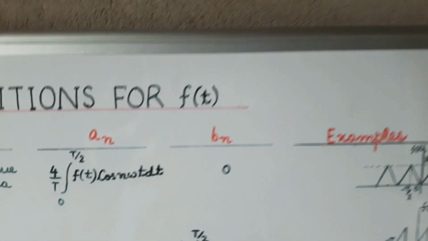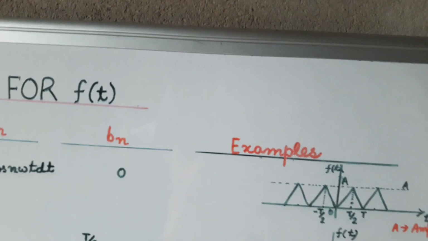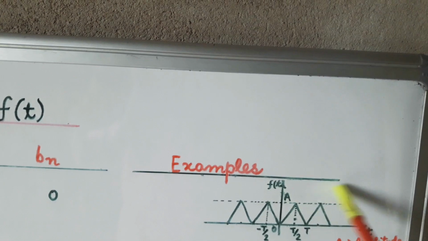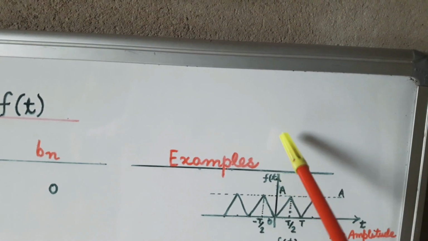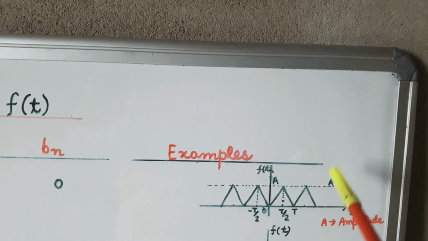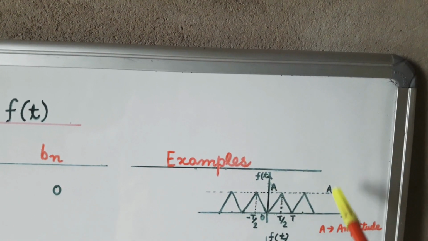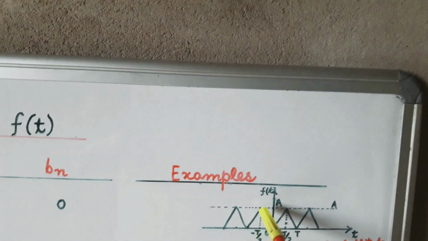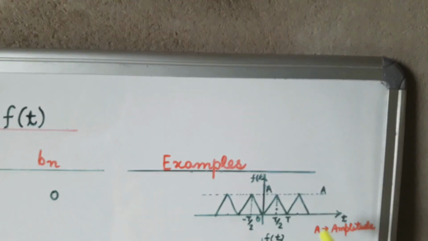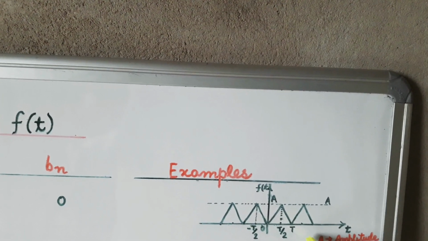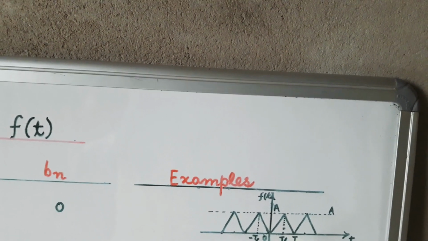An example of such a function is given in this figure. From this figure, we find that this is the amplitude of this function, this is the function, and this is the time axis. We find that f(t) is equal to f(-t). So, this is an example of an even function.